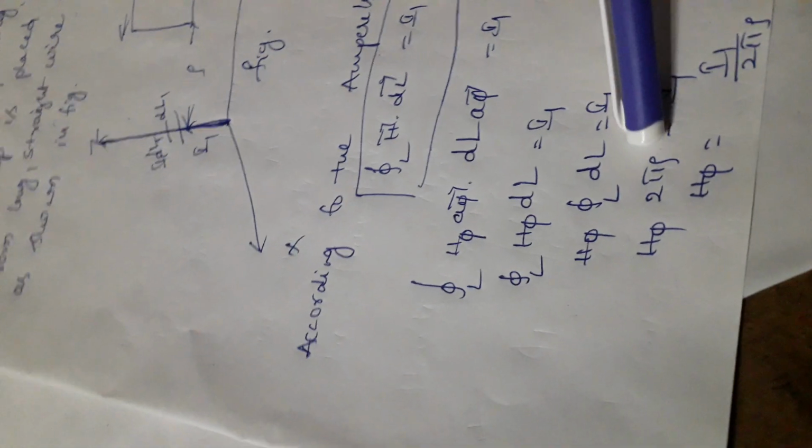So next, from this, the magnetic flux density B1 is equal to mu into H1. Substituting equation 2 in equation 3, we get B1 is equal to mu into I1 by 2 pi rho.